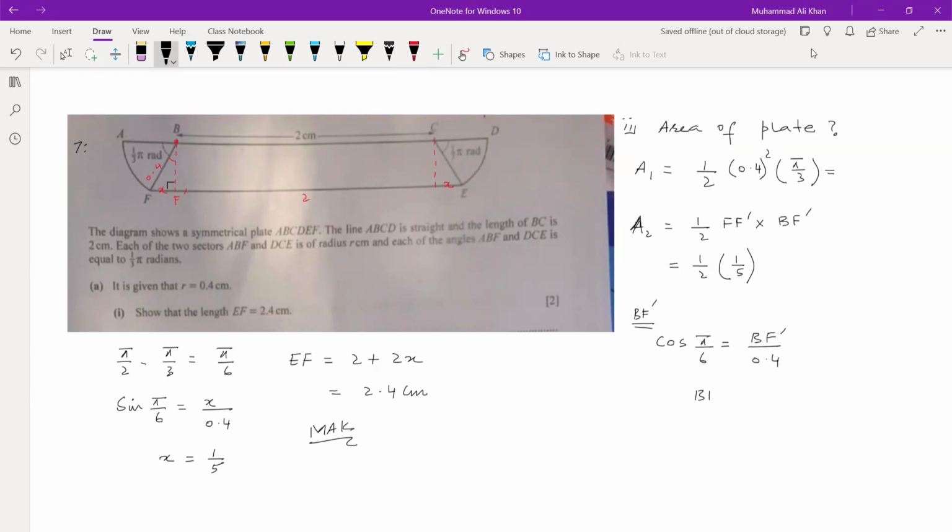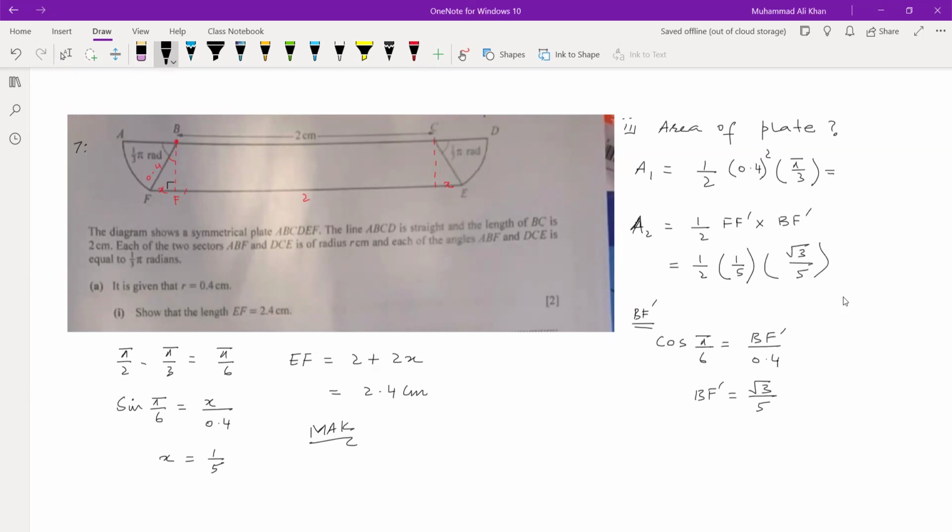So according to this, BF dash is cos pi by 6 multiplied by 0.4, and the answer is root 3 by 5.